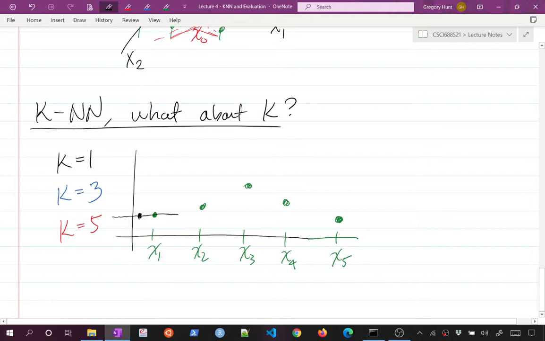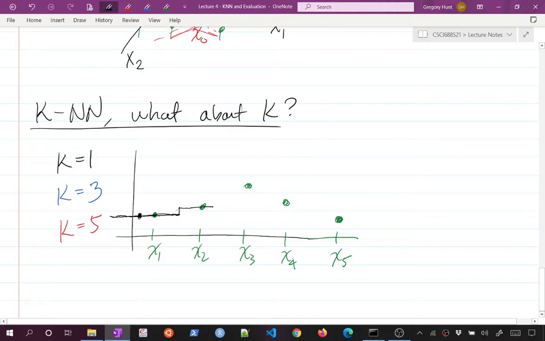As I move left to right, it's going to be true until I get to a point where I'm closer to x2 than I am to x1. When I become closer to x2, my nearest neighbor is going to be x2.